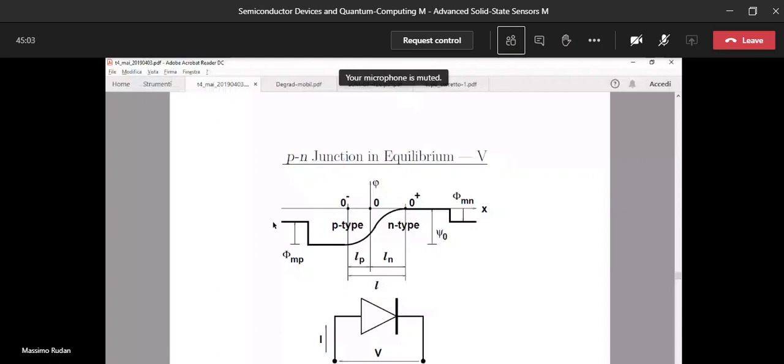Hypothesis number two, that also is applicable if the applied voltage is not too large. The second hypothesis is that even in the non-equilibrium condition, the partitioning of the PN junction into three regions is still feasible.